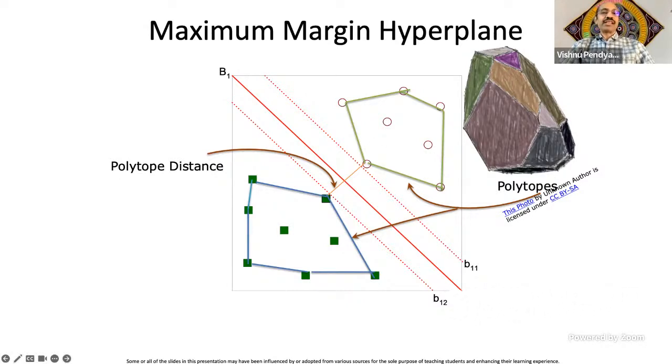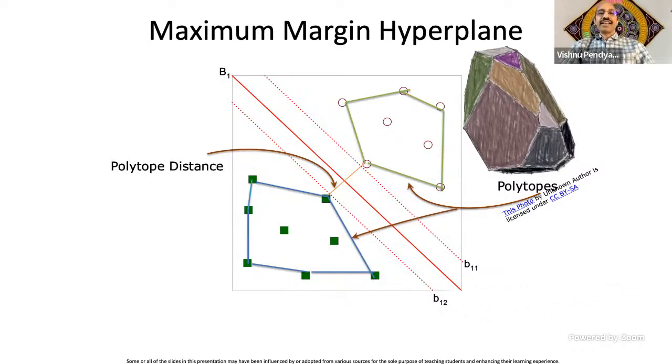And the maximum margin can be thought of as the polytope distance, the distance between the two polytopes. So basically, you draw a line connecting the support vectors on the polytopes, and the distance between them gives the distance between the polytopes. And the decision boundary will be perpendicular to it and divide it into two halves. So that is the geometric intuition.